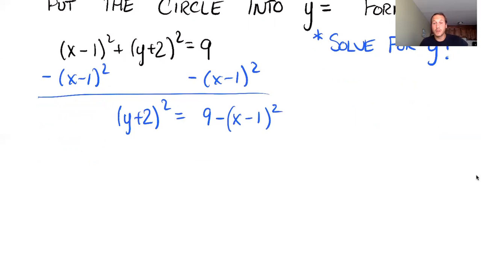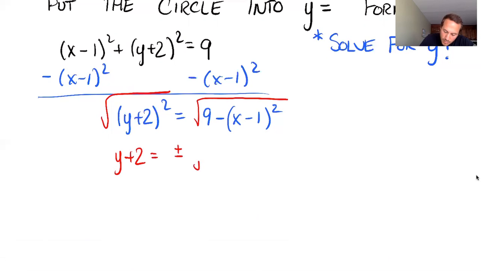The next thing that I want to do is I want to make sure I'm getting rid of that squared symbol. How do you get rid of a squared symbol? You square root both sides. That leaves me with y plus 2 equals. Keep in mind what we've been talking about the entire unit. If you square root something, you are left with plus or minus. Do not simplify this. It can't be simplified. So we're just going to leave this as 9 minus x minus 1 squared.